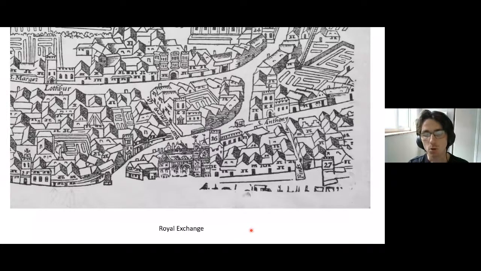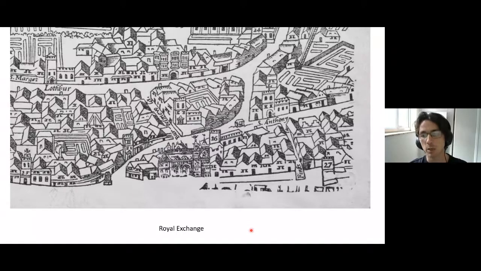Modelled after the Bourse, or the trading floor in Antwerp, Thomas Gresham was keen that London would have a place where its merchants could come together and trade. Such places did already exist, but they tended to be on the streets. So Lombard Street was a famous place of trading, but obviously it was subject to the vagaries of the wind and the rain and the English weather, and it was indeed much colder then than it is now.